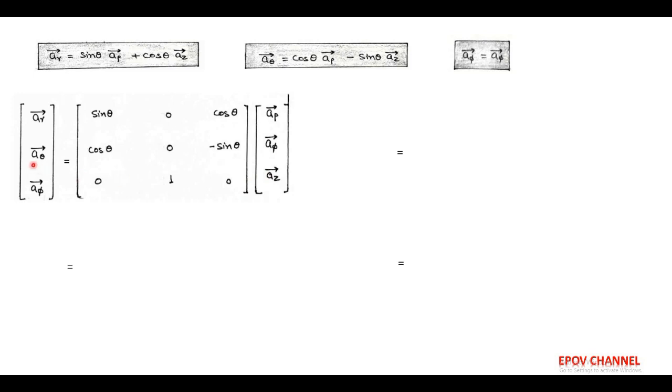Similarly, the second row of unit vector theta has components cos theta, 0, minus sin theta with respect to unit vector rho, unit vector phi, and unit vector z respectively. But in the third row, as unit vector phi equals unit vector phi, it has components 0, 1, 0.